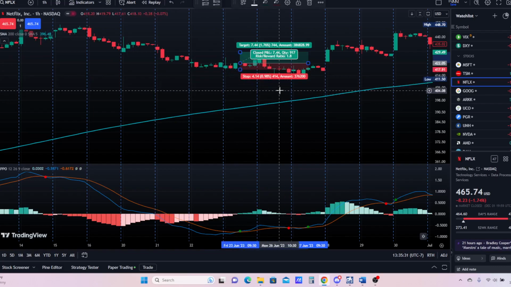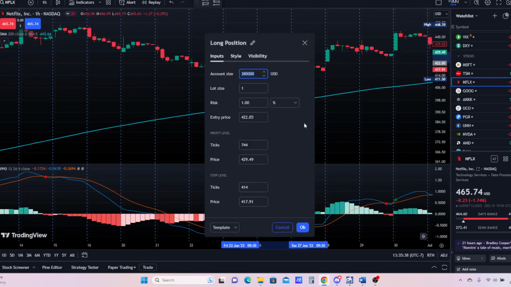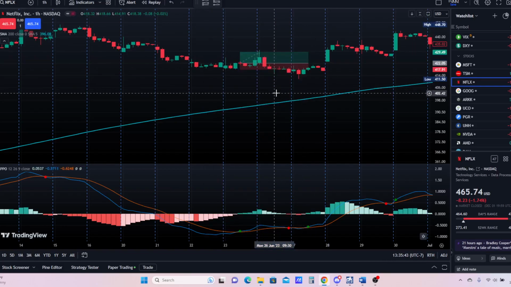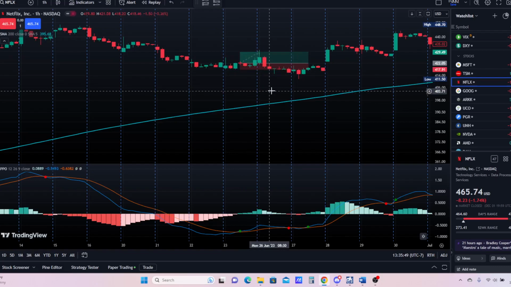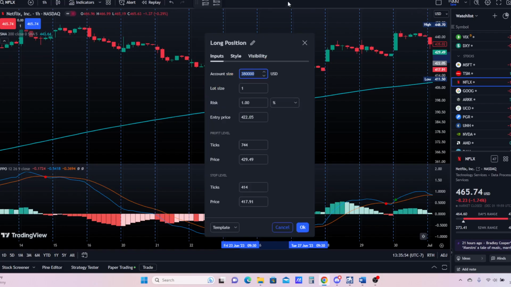So that's where the stop would be, and then the risk to reward ratio would be 1 to 1.5, meaning I'm going to take a 1% loss like I do in my Composer, and I want my reward to be 1.5 times my risk. So if my account is, let's say, 20,000 bucks, I'd enter $20,000 right here, and then lot size 1, risk 1%, and then I want my reward to be 1.5%.